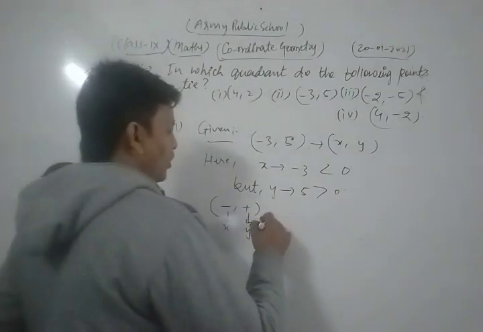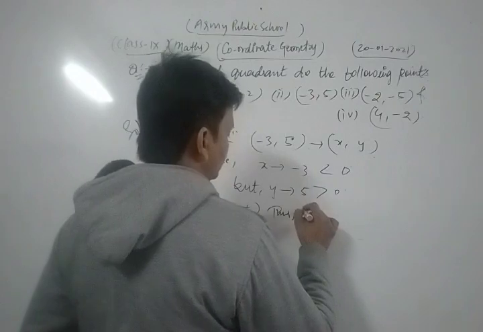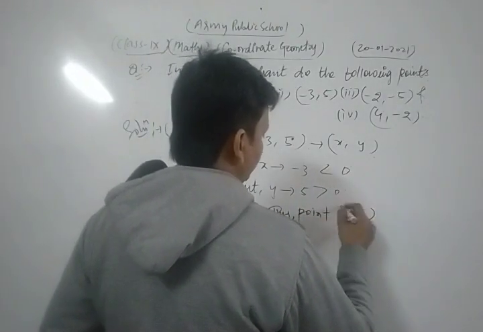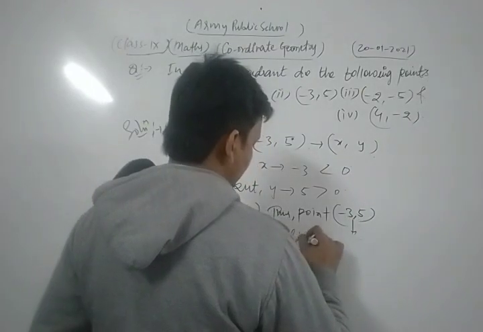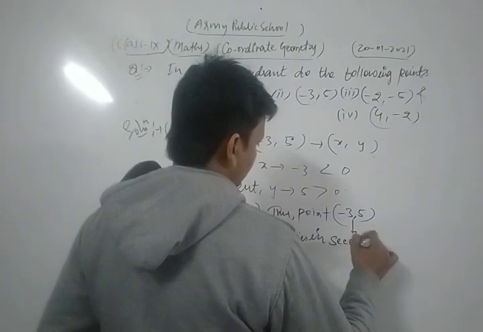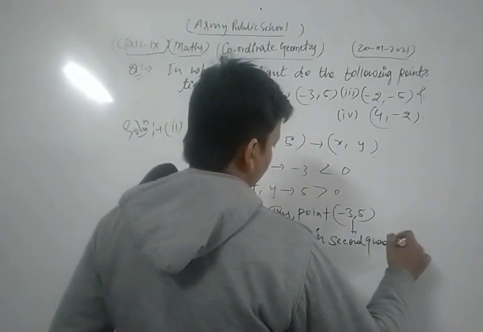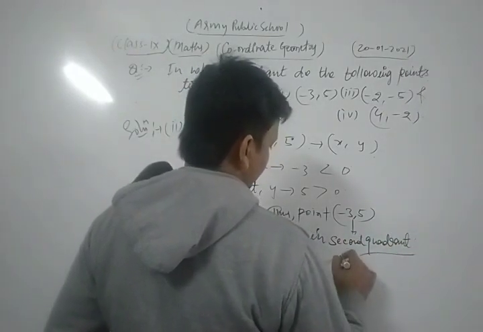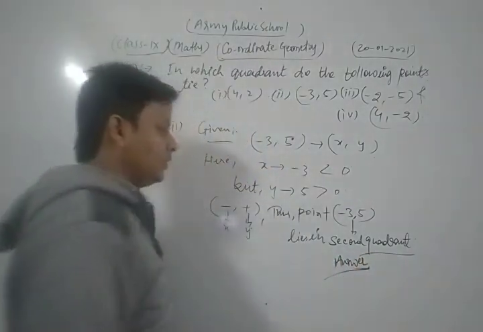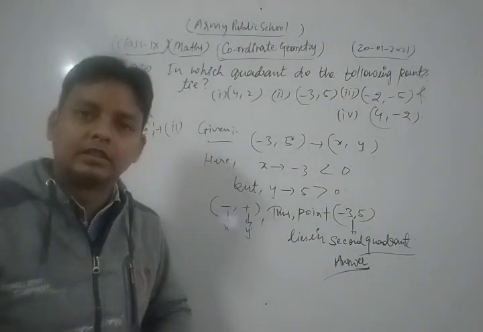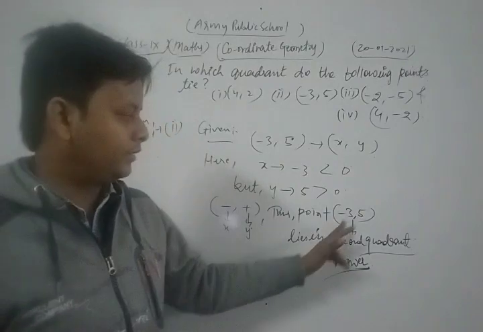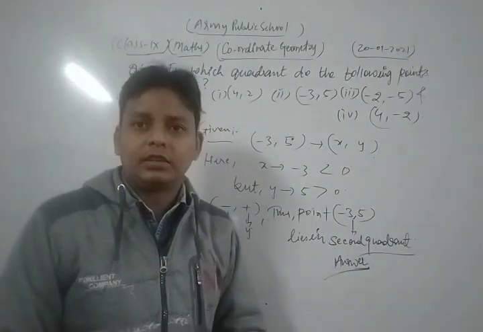Thus the point (-3, 5) lies in the second quadrant.